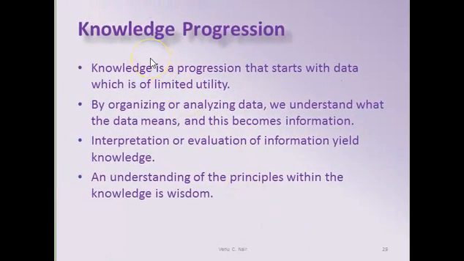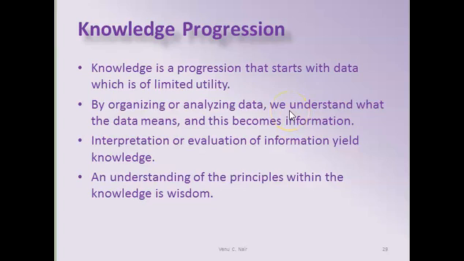Now the knowledge progression means the changes that happen in the values available with us in the process of problem solving. Knowledge is a progression that starts with data which is of limited utility. We have the data, raw data at first, and by organizing or analyzing the data, we understand what the data means, and this becomes information.